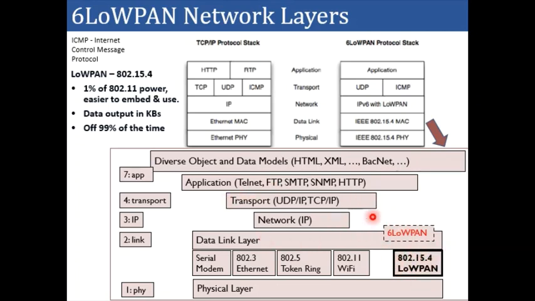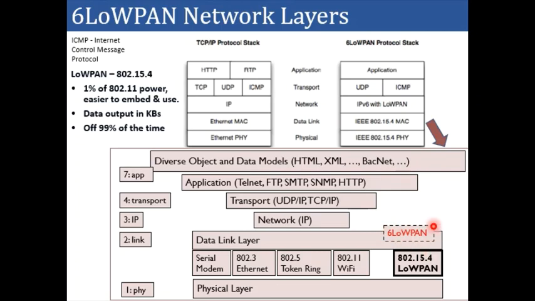The advantage of using 6LoWPAN network layers is that the devices which are on 6LoWPAN and which are not on 6LoWPAN can coexist. Meaning the standard TCP/IP based devices as well as 6LoWPAN devices can both work together in the same network because the other layers are the same for both protocol stacks.